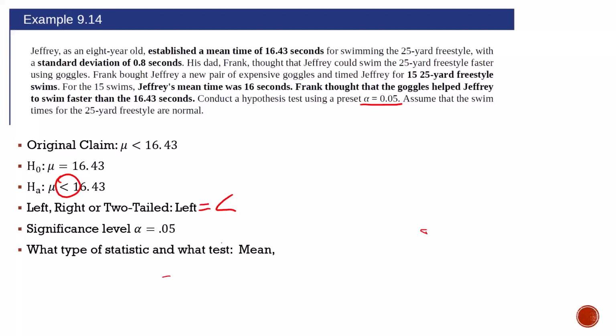So this is actually a population standard deviation. Very unusual, but he has enough of these swims that he's collected the population. So in this very unusual case, we do know the population standard deviation, meaning this is a z-test, okay?